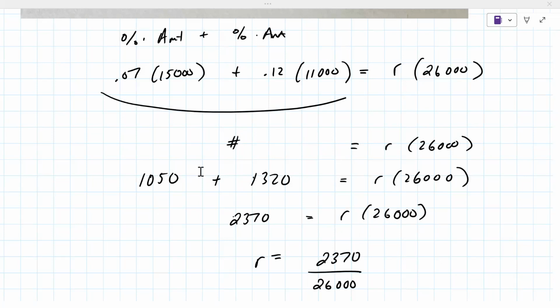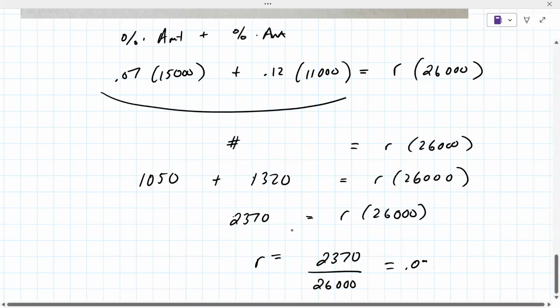This one does not work out nicely, meaning it's not as good a number as I thought it would be. It does say to round here, so it ends up being 0.091, or 9.1%.